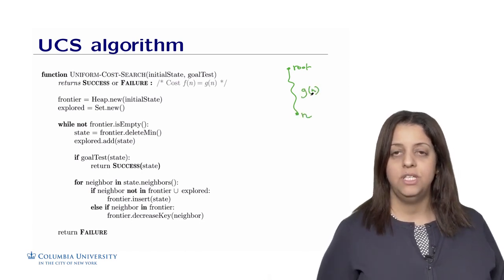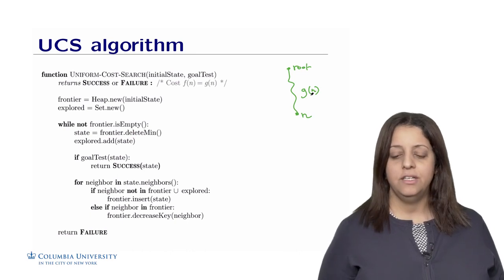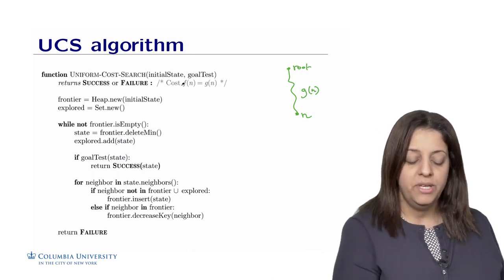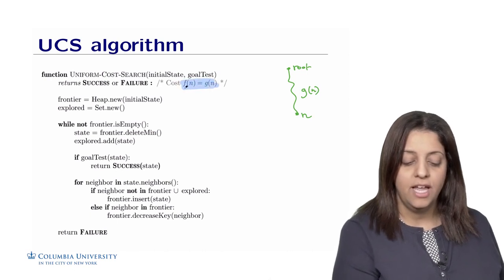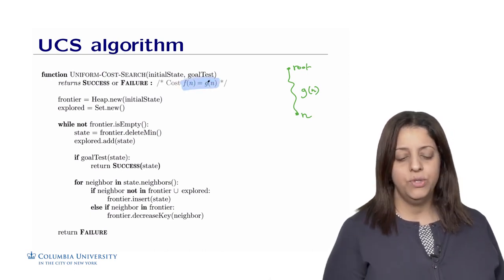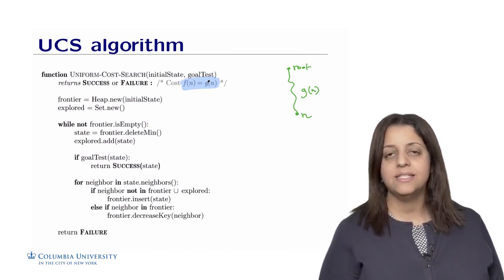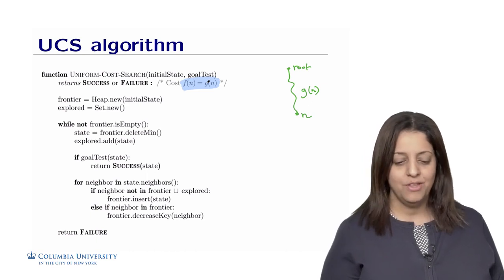So this is how much we need to spend in terms of driving or other kinds of costs to reach n. The search will now be driven by the function f(n), which is only g(n). We use f(n) to stay general, and the main reason is that later on, for A star, f(n) is slightly different. There will be some other parameters that we take into consideration.